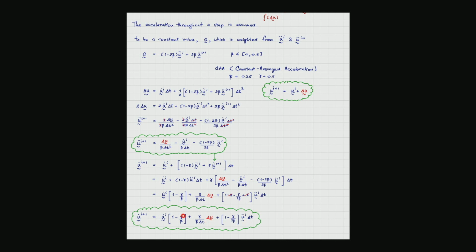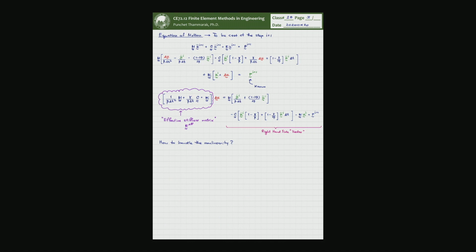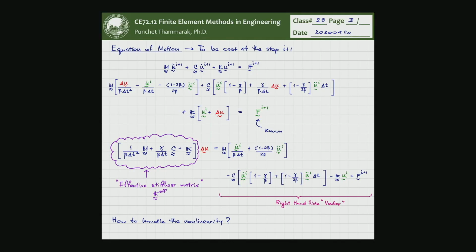Other parameters like beta, gamma, and delta t are all known. So we come to here and use all the terms. We have the equation of motion cast at step i plus 1.